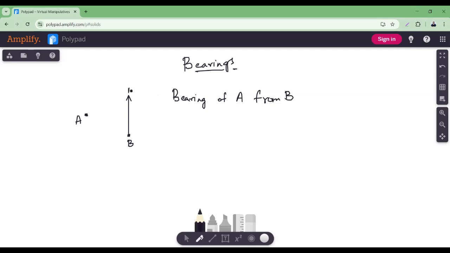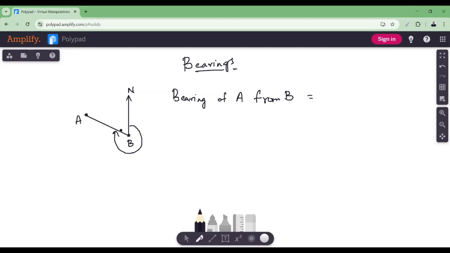Then from this, I go in the clockwise direction. I measure the clockwise direction till the line which connects B and A. That means from the north line of B till A, in the clockwise direction, however much is the measure, that will be the bearing of A from B. Now, if you see, it's going to be a reflex angle.